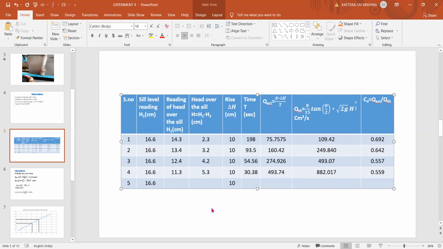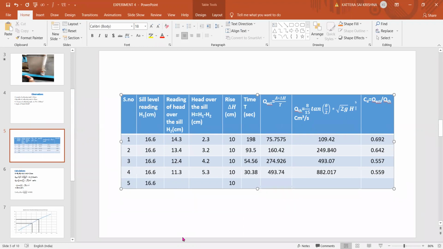Remember, in this experiment, don't open the valve fully in the first step, because we cannot increase further. So slowly we need to start increasing the regulating valve of the pump from the initial step. If you open it fully at first, we cannot do that. So better open the valve very slightly in the first step, then on further steps you can increase it slowly.